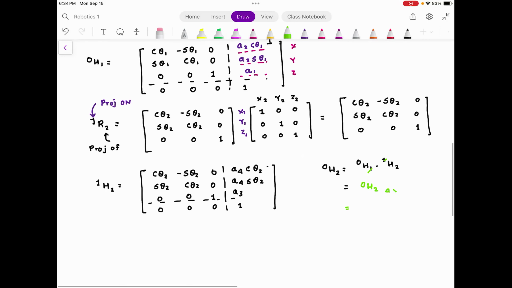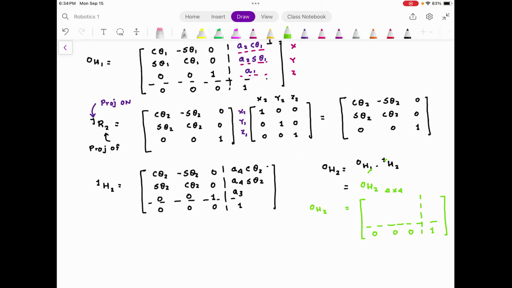0H2 is going to be a 4x4 matrix, so it's going to have 4 rows and 4 columns. There will be 1 here, 0, 0, 0.